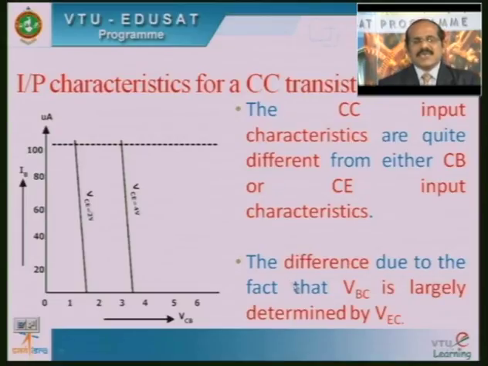The difference is mainly due to the fact that VBC is largely determined by VEC. VBC or VCB, that is one and the same, is mainly determined by VEC here.